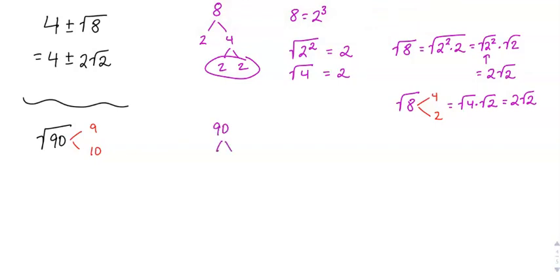That 90, if we think of it as 9 times 10, 9 is 3 times 3, 10 is 2 times 5. So if we break 90 down into its prime factors, the only pair of factors is 3 times 3. So that pair of factors is what's going to get to come outside of the radical. The 2 and the 5 are not pairs of factors, so they're going to have to stay on the inside.